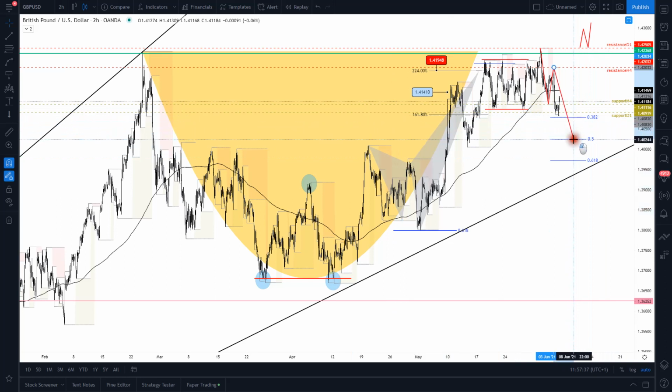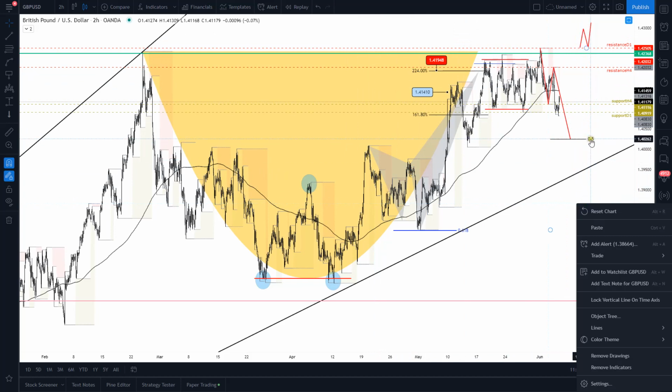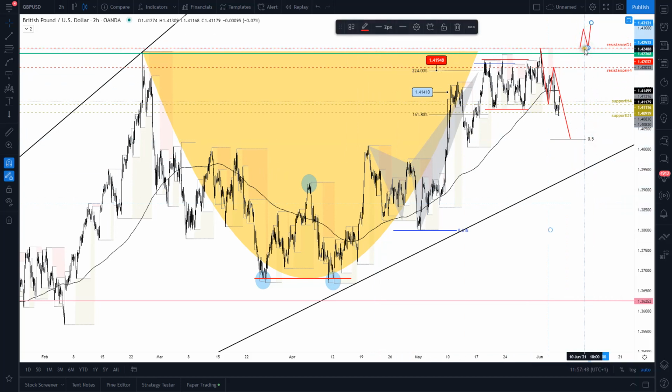But usually the shark pattern, as I said before multiple times, tends to target the 50% Fibonacci retracement. So let's keep that Fibonacci retracement right there, which is a default target, since we are here to learn the process and to learn those variables.